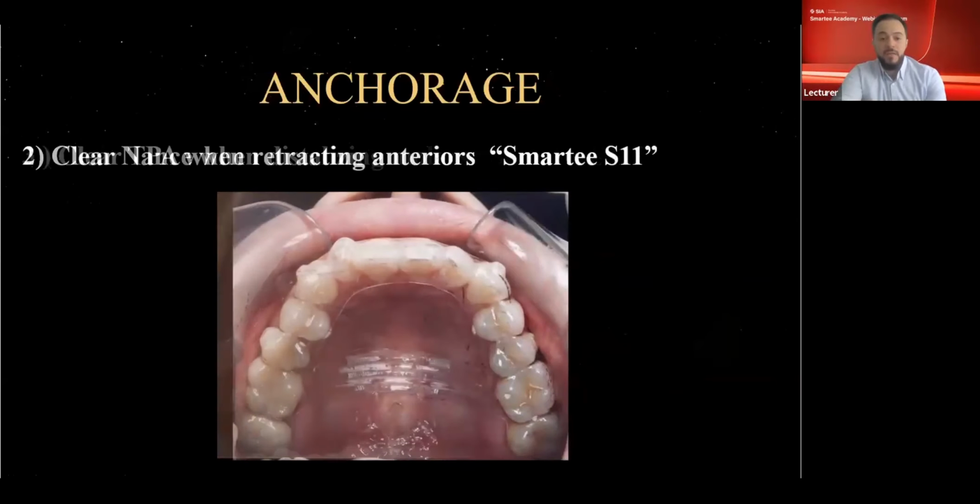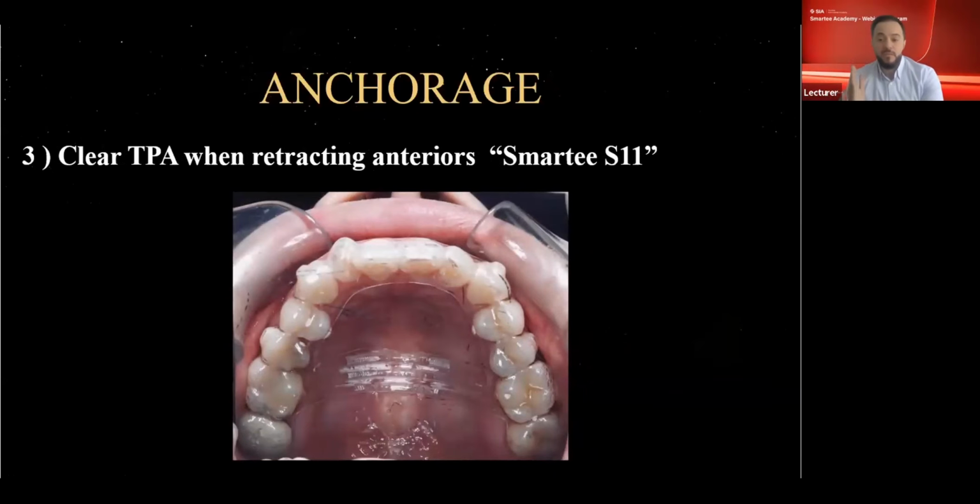On the other hand, when we finish distalizing the molars and start retracting the anteriors, the chance of those molars moving back mesially and losing the amount of distalization that we gained from the first stage is also high.